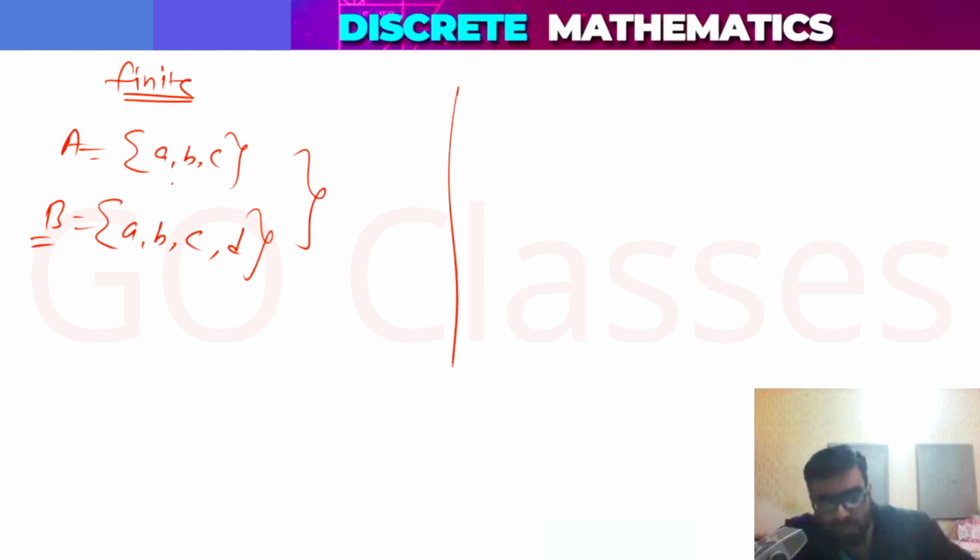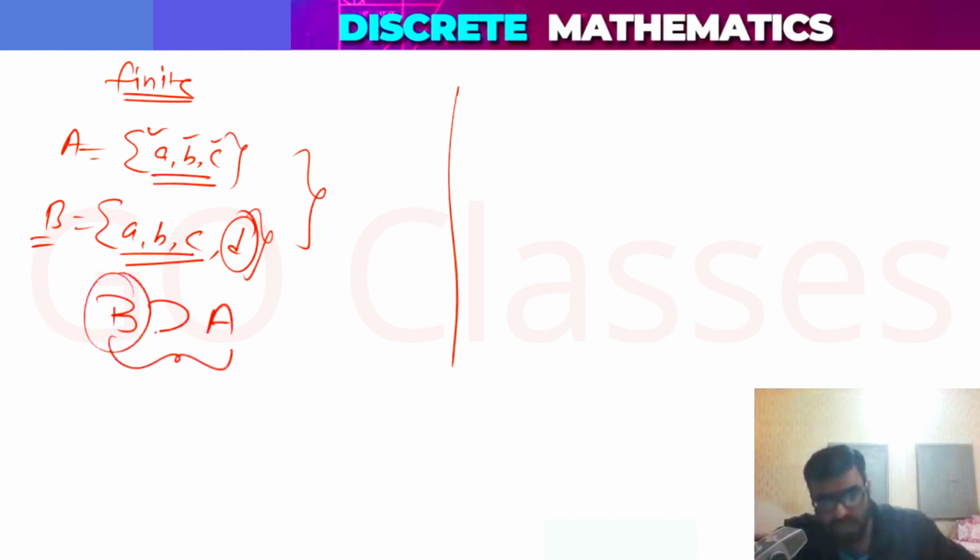The reason is that every element of A is already present in B, but B has an extra element. Basically, B is a proper superset of A, so definitely the cardinality of B is greater than the cardinality of A.